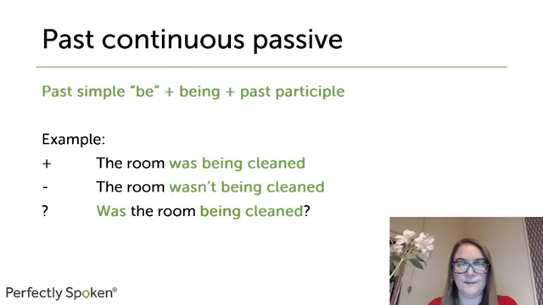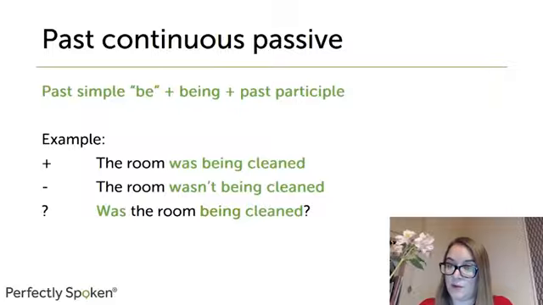Good. Let's move on then to the past continuous passive. To form the past continuous passive, you need the past simple of the verb be plus being plus past participle.